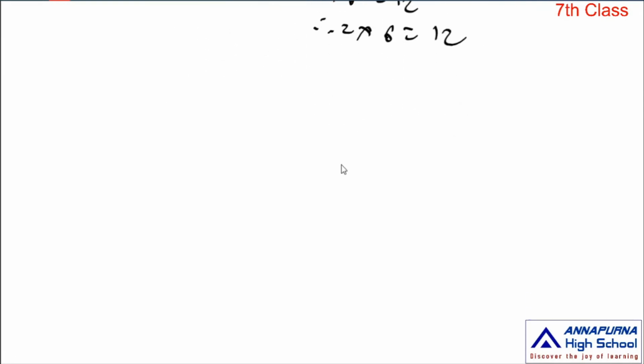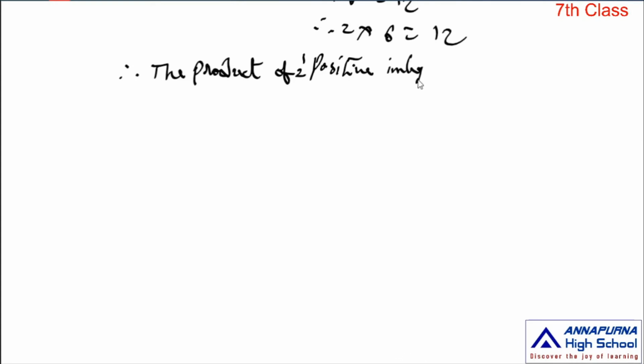Therefore the product of two positive integers is positive only. When you multiply two positive integers, the product of two positive integers is positive only.